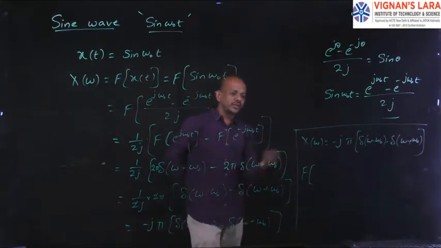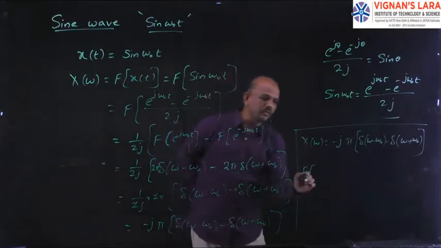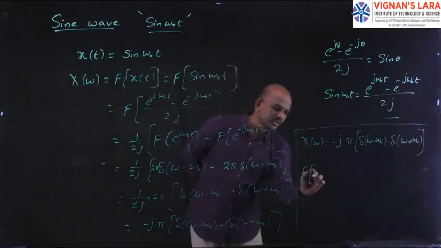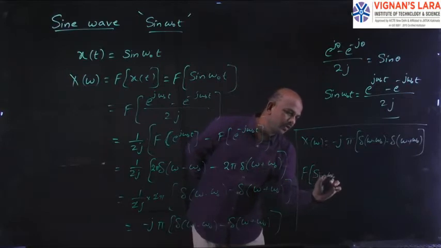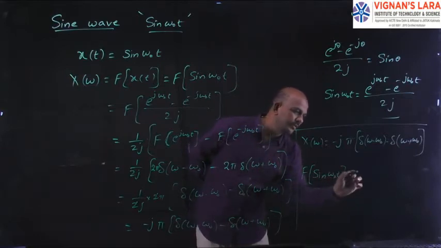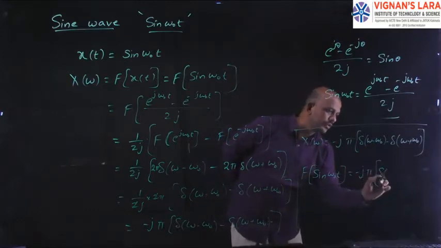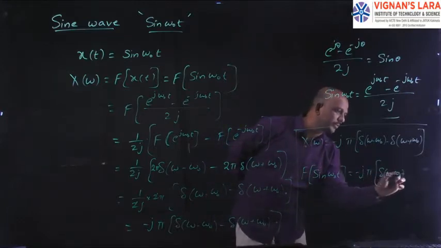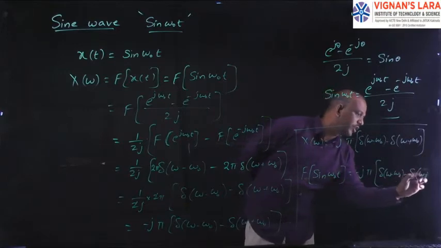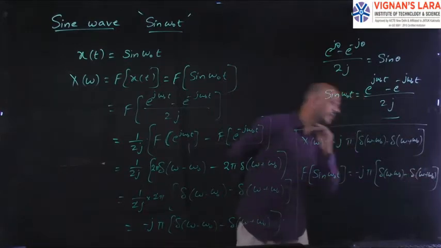You can write the Fourier transform of the given function sine omega naught t as equal to minus j pi into del of omega minus omega naught minus del of omega plus omega naught.